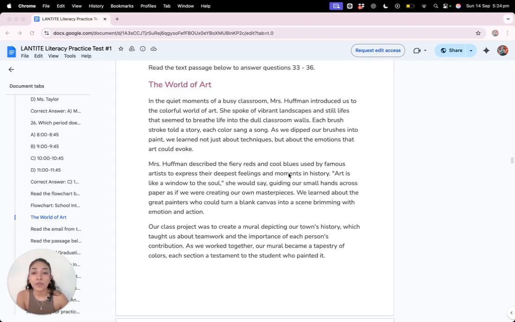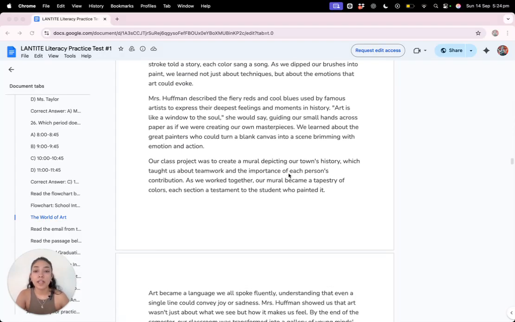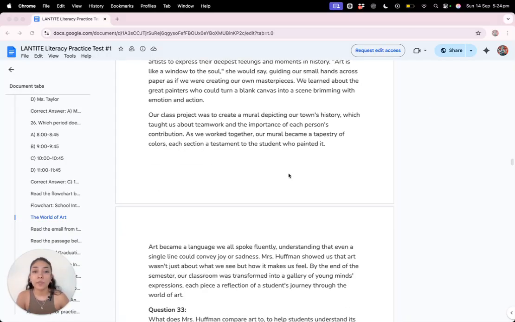We learned about the great painters who could turn a blank canvas into a scene brimming with emotion and action. Our class project was to create a mural depicting our town's history, which taught us about teamwork and the importance of each person's contribution. As we worked together, our mural became a tapestry of colours, each section a testament to the students who painted it.